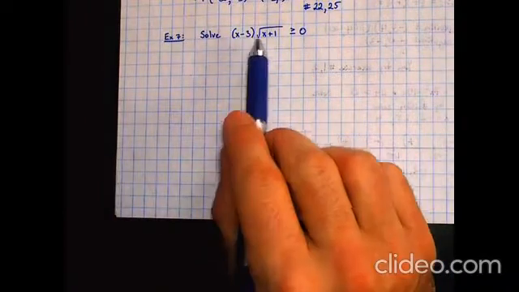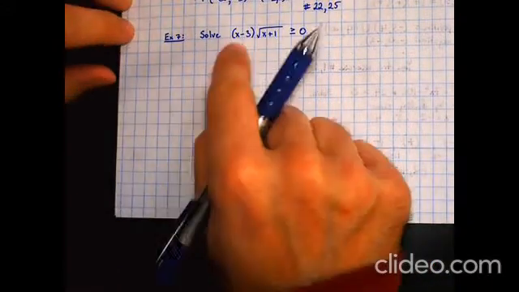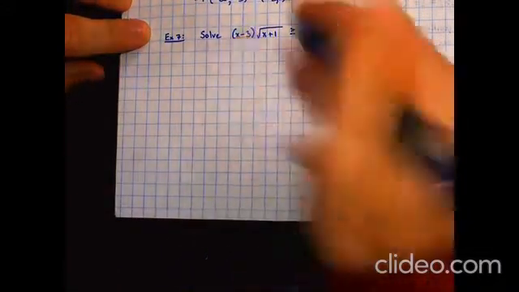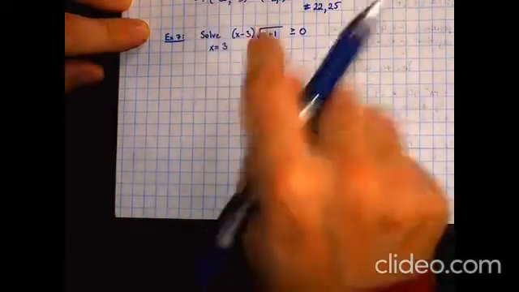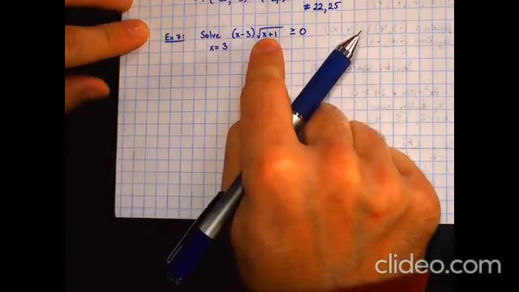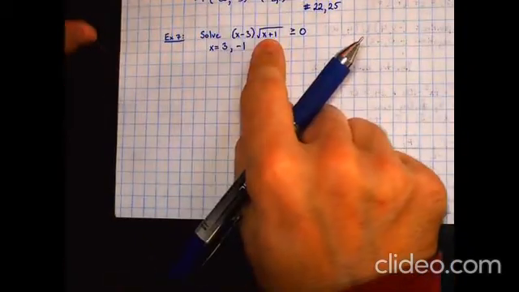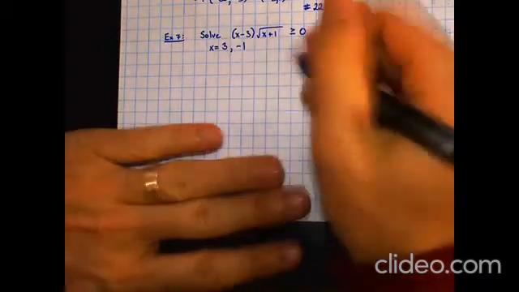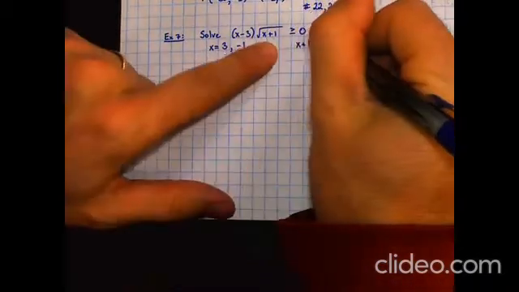So example 7 is going to be the last example I do for this video. It's a radical function, so we have a square root of x plus 1 in here as well as an x minus 3. So like always, we're going to find our zeros. We're going to get 3. And the value of this that is going to make it 0 is -1. Now keep in mind we also have to figure out where this is undefined. So we cannot have a negative under the square root.